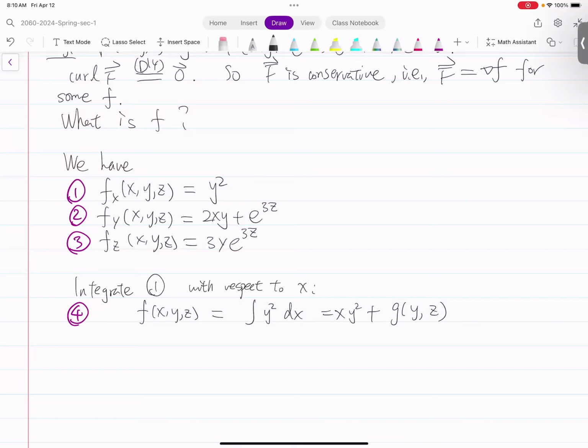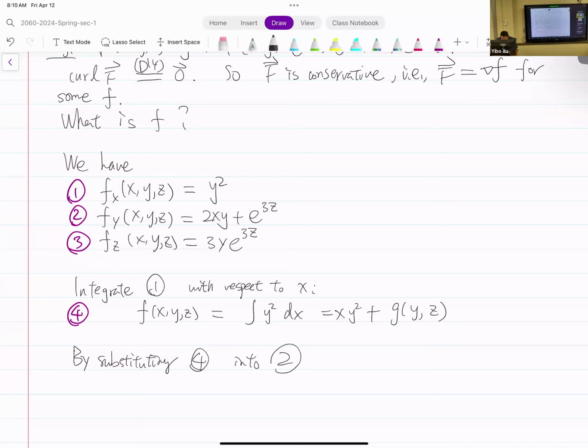Now we turn to equation 2, by substituting equation 4 into equation 2. Equation 2 tells you that for little f, when we do the partial derivative in y, we'll get something else.